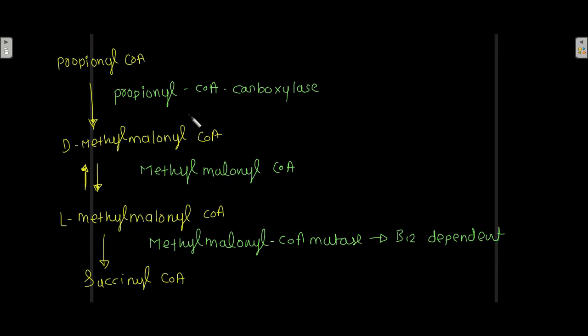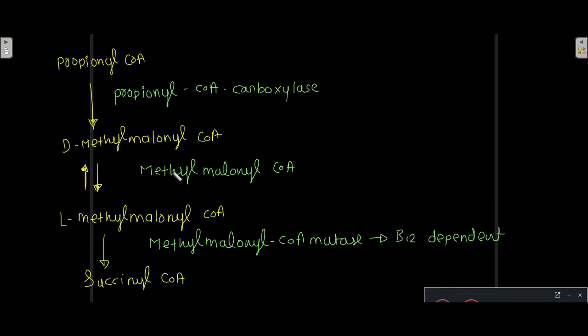So this represents it all. The propionyl coenzyme A is first carboxylated to form the D stereoisomer of methylmalonyl coenzyme A, and this reaction is catalyzed by propionyl coenzyme A carboxylase.